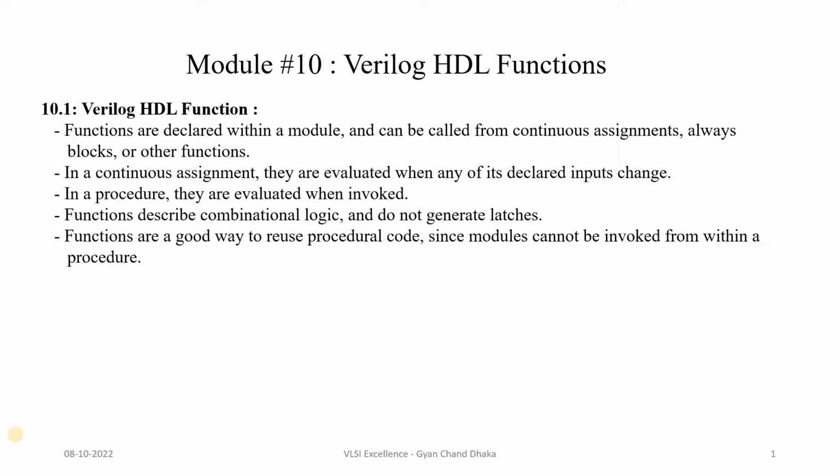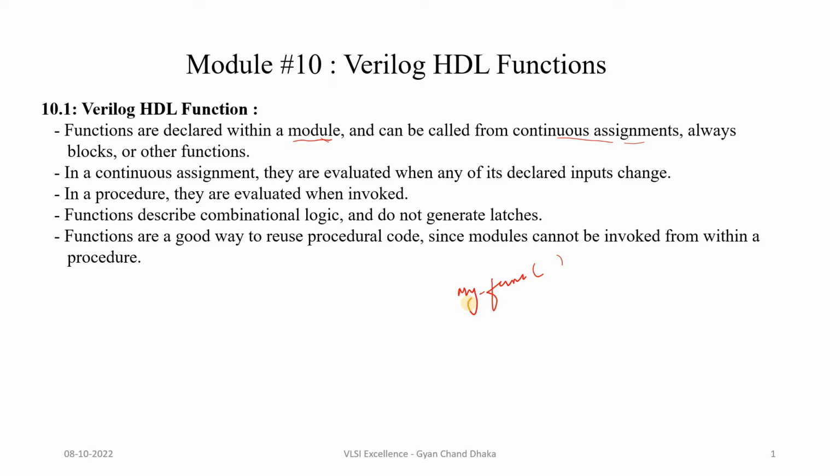Now let's get started. So Verilog HDL functions. Verilog HDL functions are declared within a module and they can be called from continuous assignments or always blocks or from any other functions. For example, we have a function. Let's assume the name is my function.